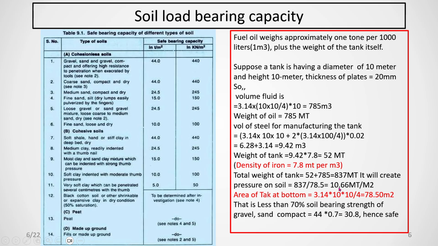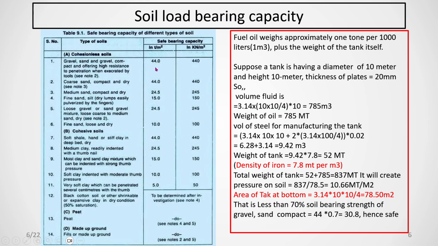If you make the foundation with sand, gravel, etc., then the capacity will be 44 ton per meter square. So it will certainly be more than the 10.66, but actually the pressure should be less than 70% of the load bearing capacity of the soil.